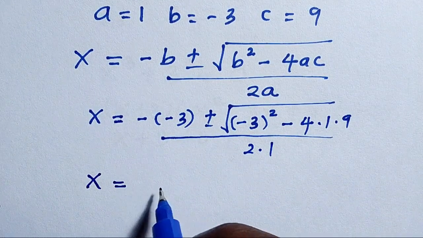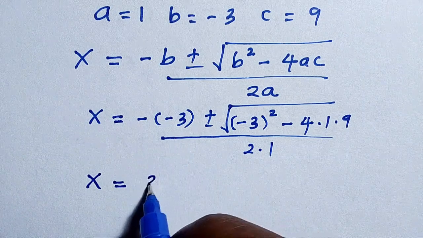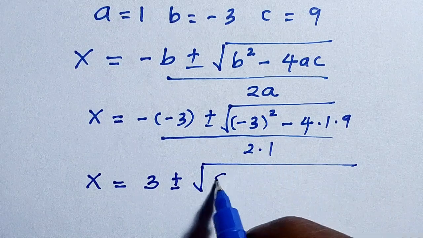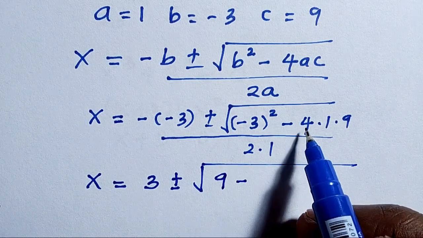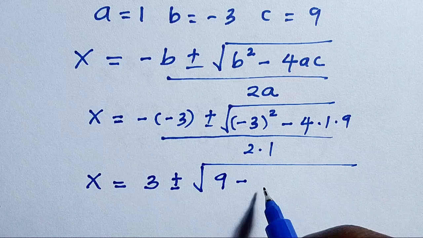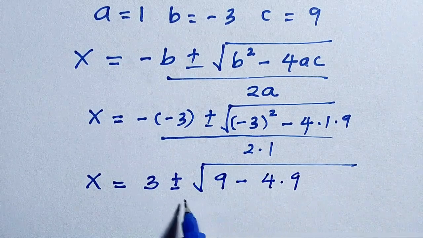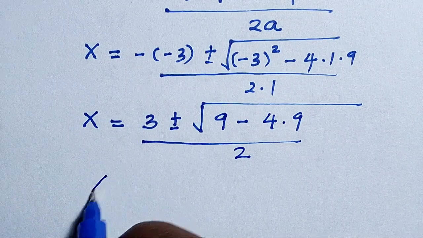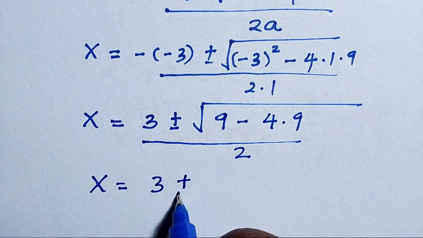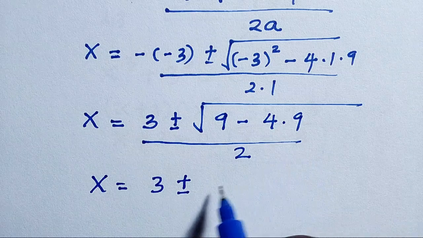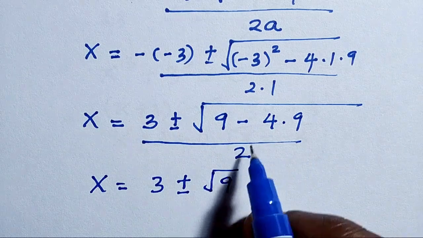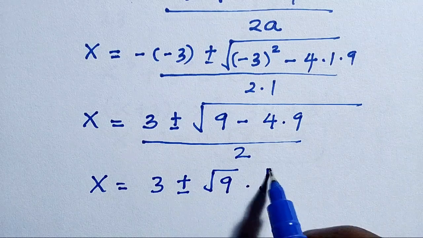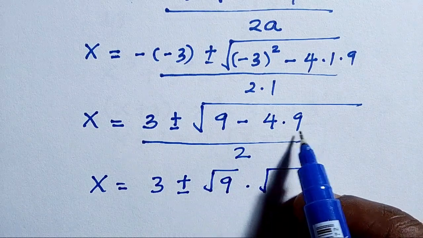So here we have x equals minus times minus, we have plus 3 plus or minus square root of (minus 3) squared, it gives us 9, minus 4 multiplied by 9, divided by 2. So from here we have x equals 3 plus or minus, we can factor out 9 and separate it with a different square root, as we have square root of 9 multiplied by square root of, so this one becomes 1 and this one becomes 4.